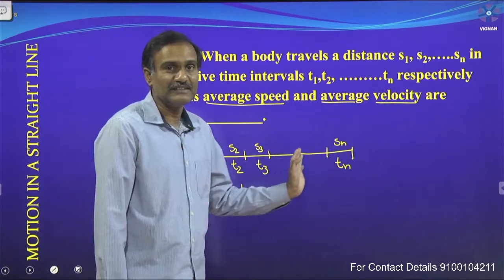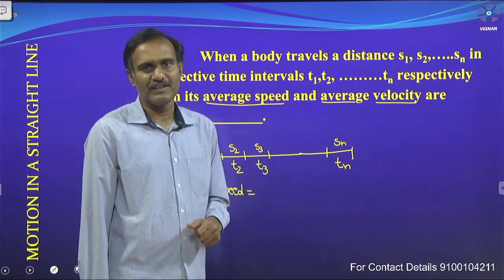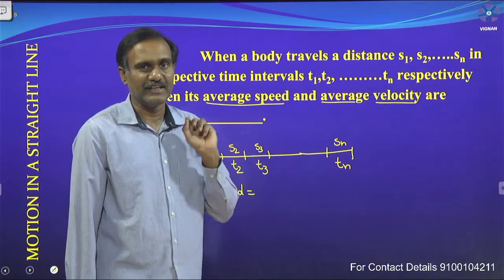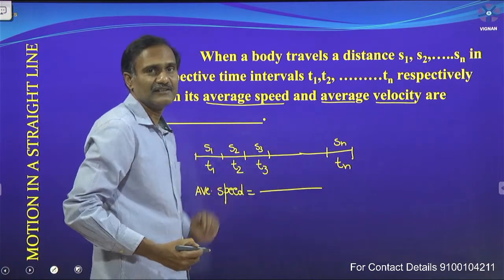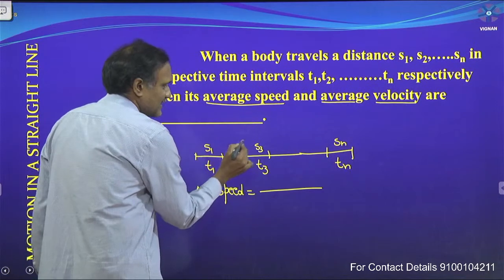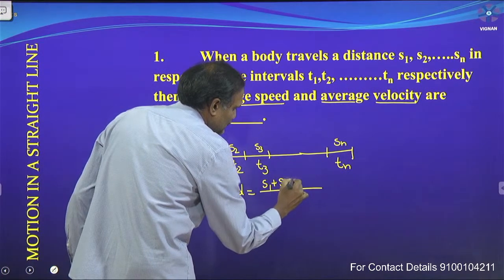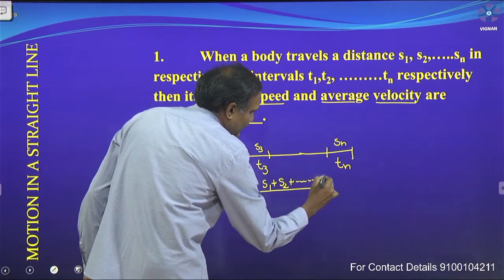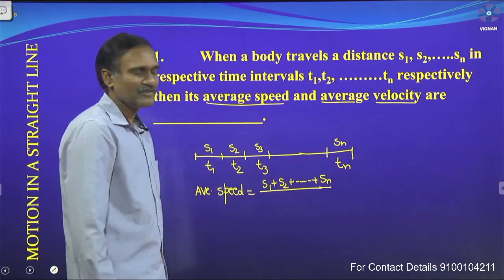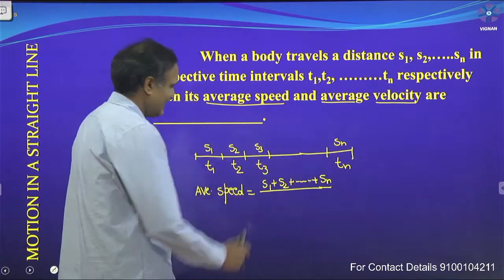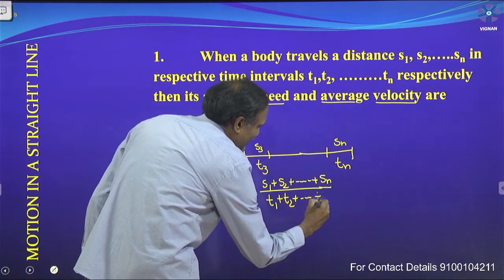Average speed is the total distance travelled by the particle, actually the total length of the path travelled, divided by the total time taken. Here the total distance travelled is s1 plus s2 plus s3 plus so on up to sn, divided by the total time interval t1 plus t2 plus so on up to tn.